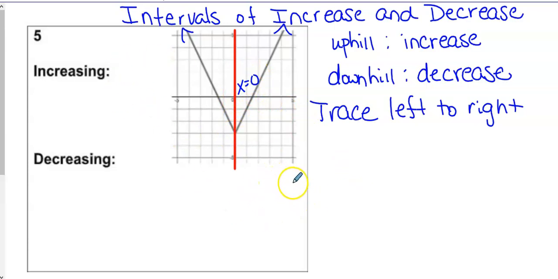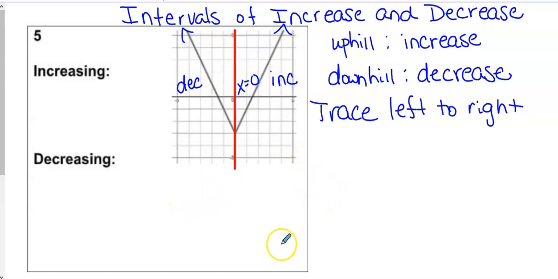So the vertex is at (0, negative 3), but we're only going to use the x value in this key feature. So what I want to do is trace from left to right, and as I trace, I want to think to myself, is this graph increasing or decreasing? As I go from left to right, it's going downhill, which means this is decreasing on the left side. And then on the right, as I go back uphill, this side is the interval of increase.